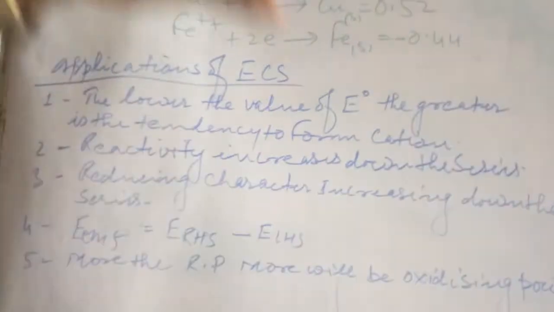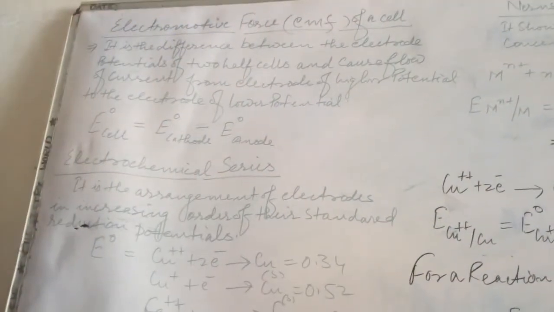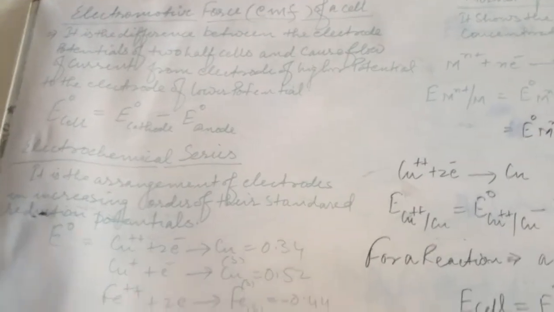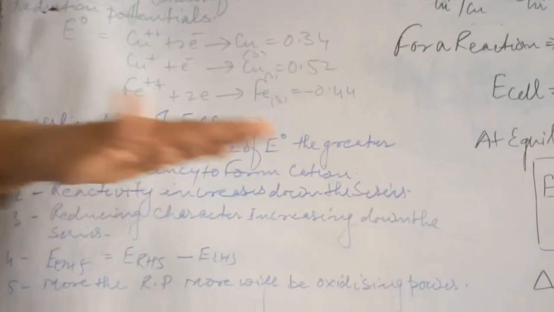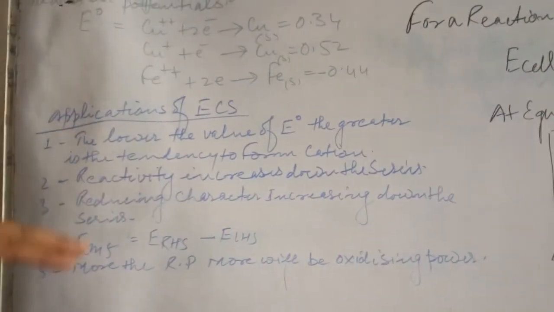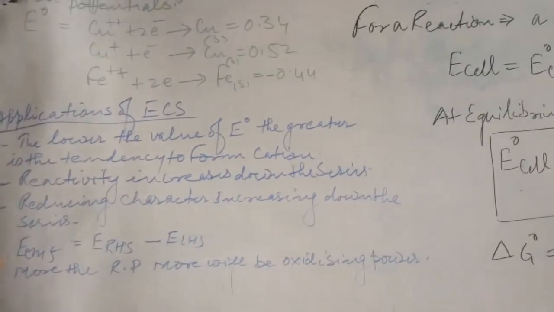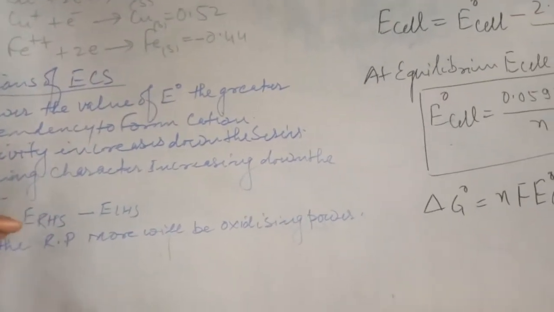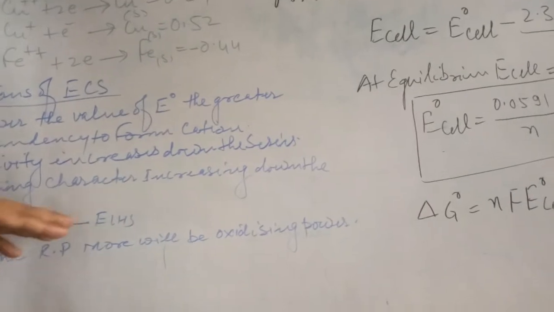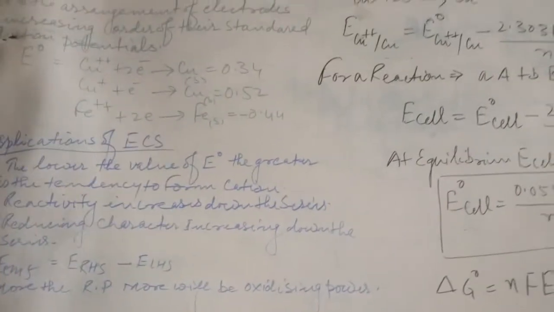So the lower the value of E naught, the greater is the tendency to form cation. The second point: reactivity increases down the group in the electrochemical series. Third point: reducing character increases down the group in that series. And how can we calculate the EMF? It is E RHS minus E LHS, meaning cathode minus anode.